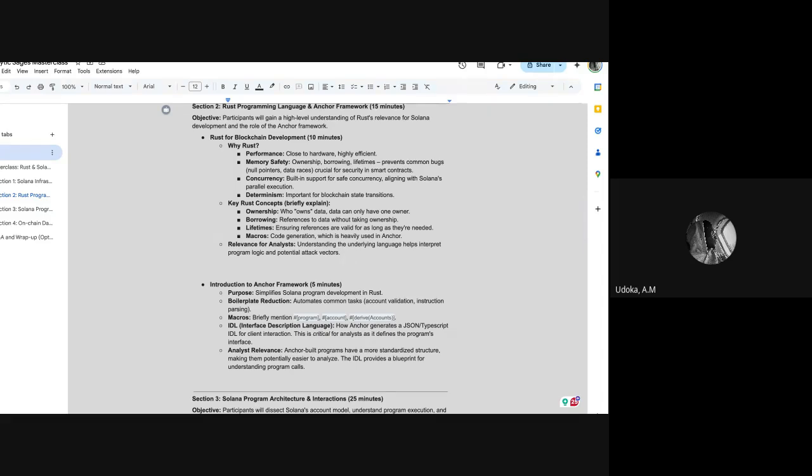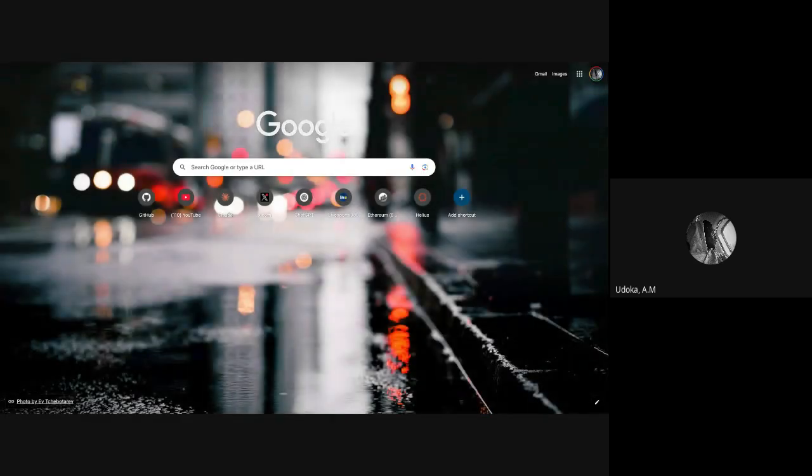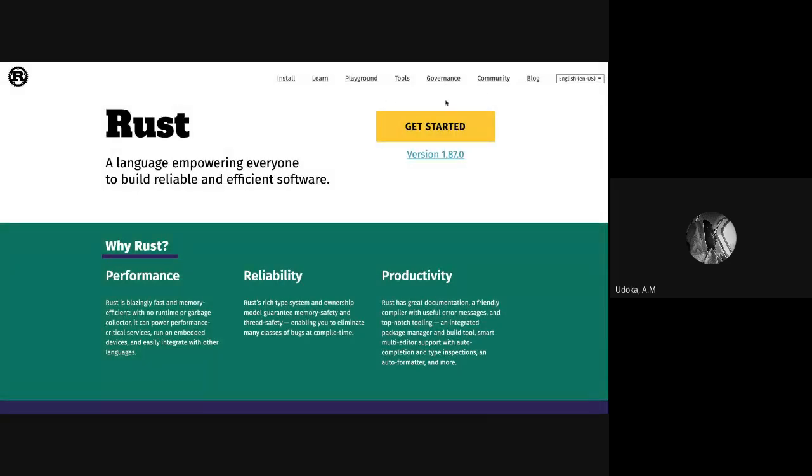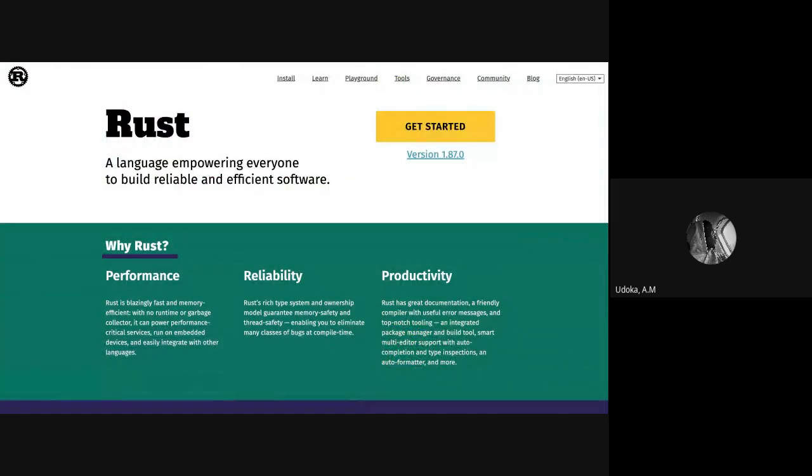So why are we using Rust? Please, if you've not looked into Rust before, you might want to do that. Let's quickly look into the Rust programming language itself, rustlanguage.org, and you might want to also open this on your end.